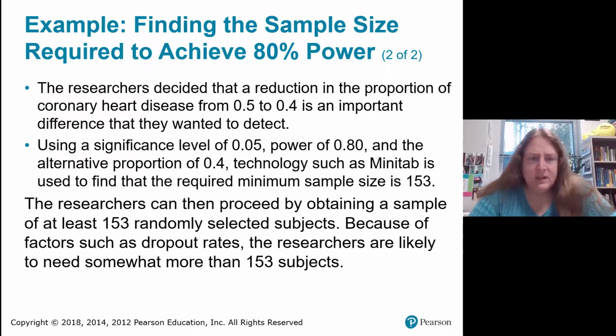What happened is they found that we required a minimum sample size of 153 for that to happen, and they used software to do that. We could potentially do it by hand also.